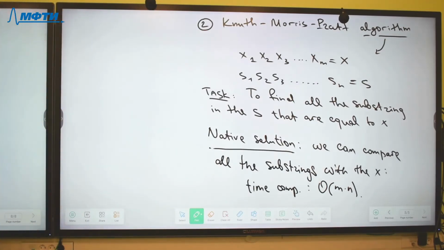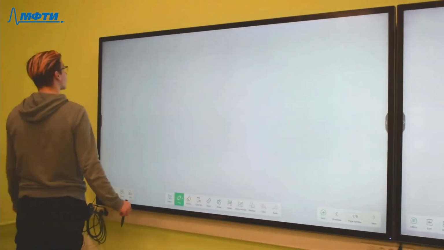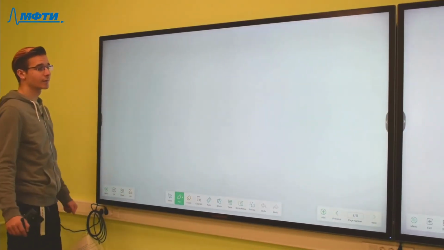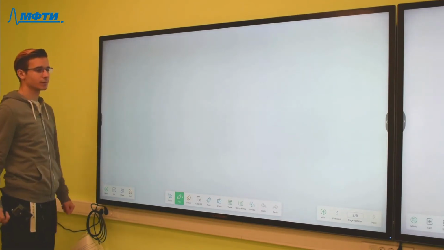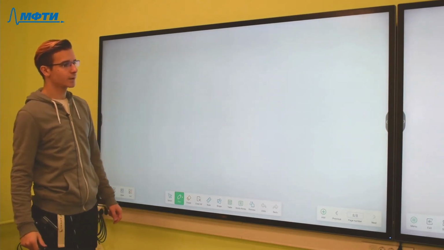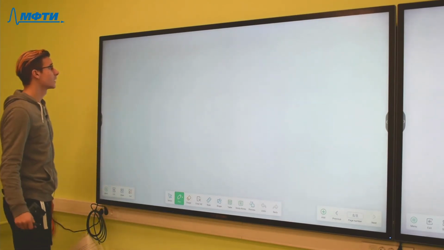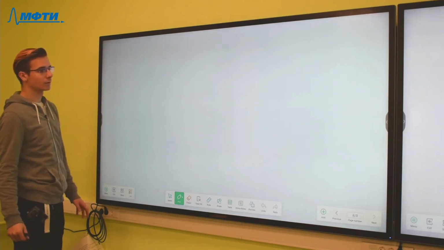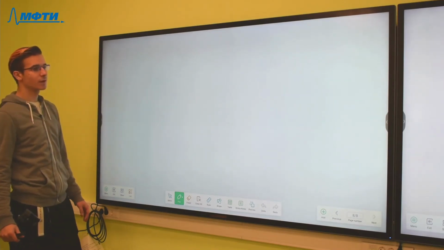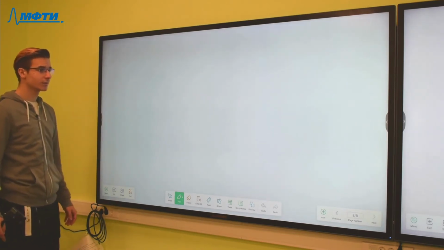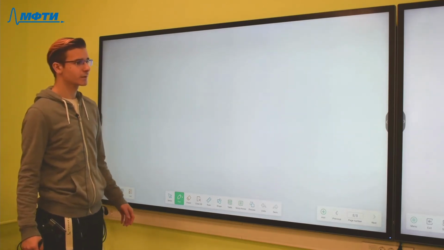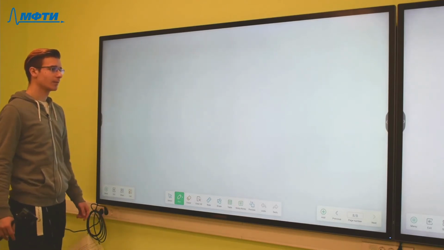And of course it is very bad that we have time complexity equal to the multiplication of these two numbers, because m can be asymptotically equal to n, and we have here n squared, and it is very bad.